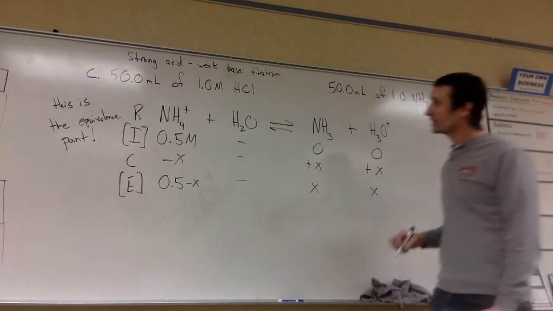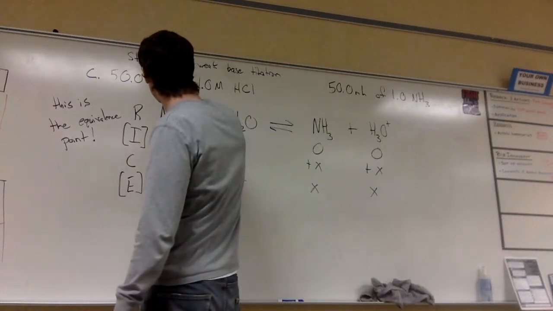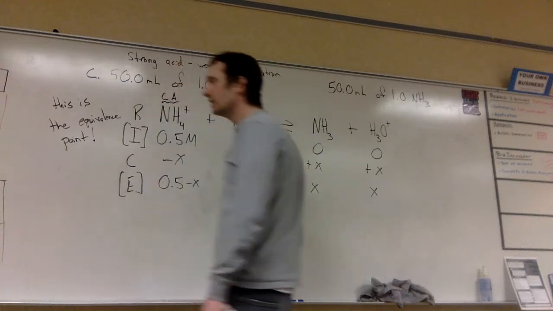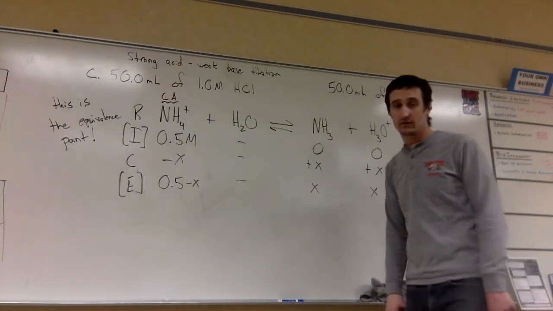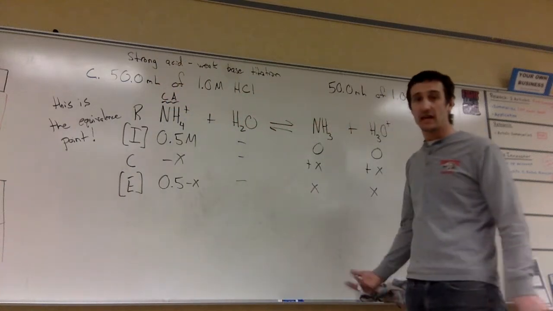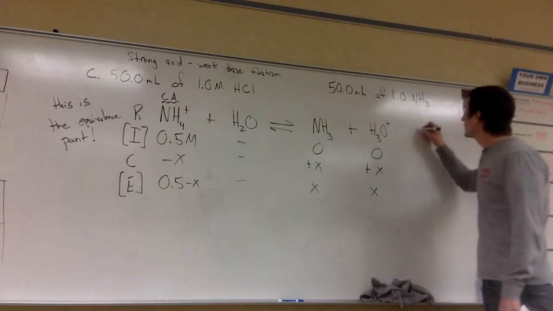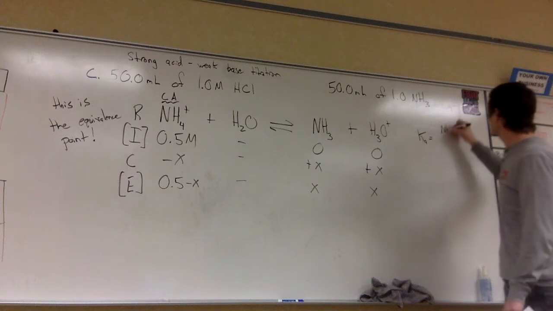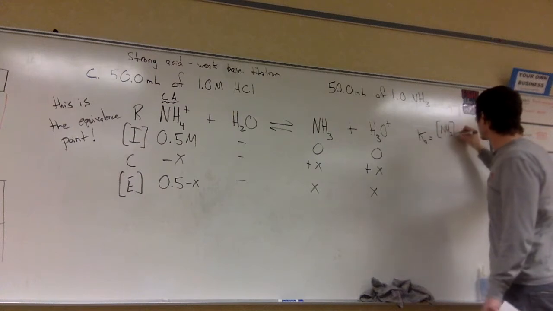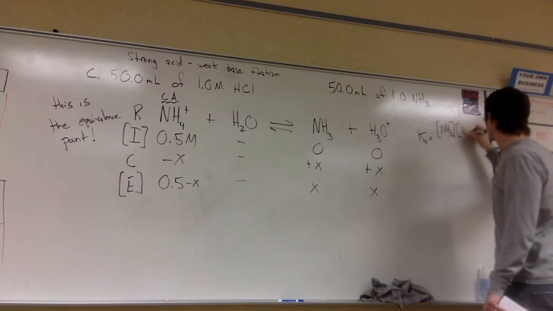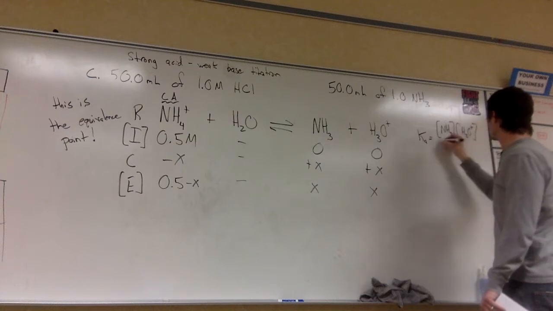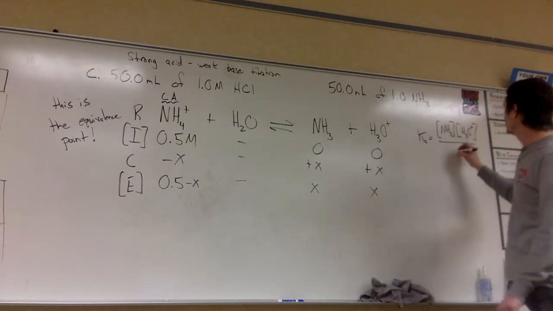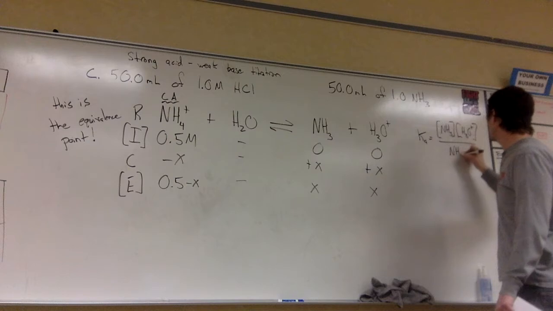Actually, no, I can't, because this is a conjugate acid. We had already said that. So you actually write what we call a Ka expression. Ka for this reaction is over NH4 plus.